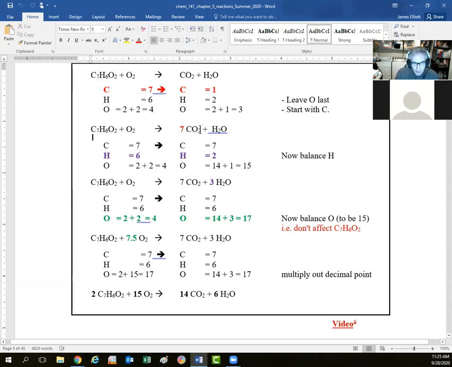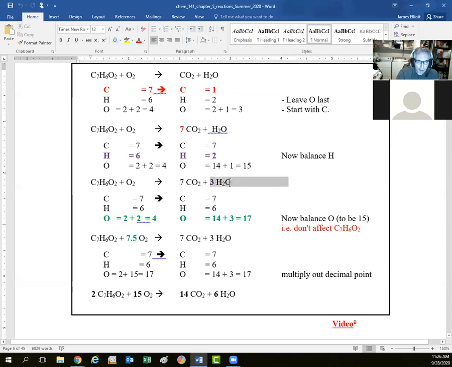That also adds a huge chunk of extra oxygen, 7 times 2, now 14 oxygens, together with the 1 oxygen from a molecule of water. That gives us a total oxygen count of 15 to handle later. Now that we've balanced the carbon, the hydrogen count is 6 compared to just 2. We want both sides to match, so we need 3 times more hydrogen on the right.